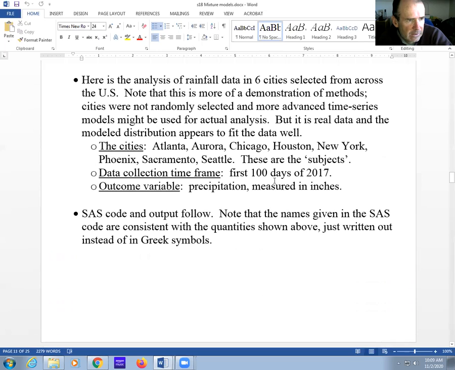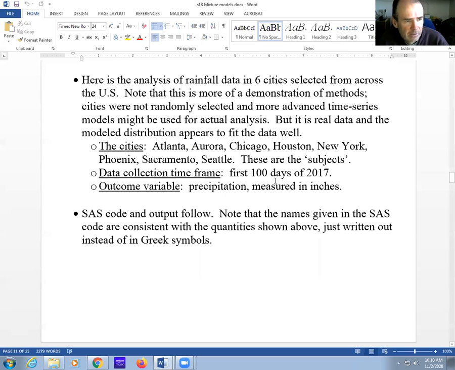Okay, so here is the data. I obtained this from one of the government websites, I think it was NOAA or something like that. There are several cities: Atlanta, Chicago, Houston, New York, Phoenix, Sacramento, Seattle, and Aurora. One of these things is not like the others. Aurora is not a big booming metropolis, though it is growing.